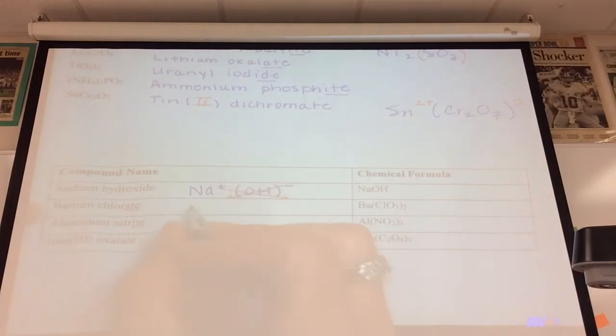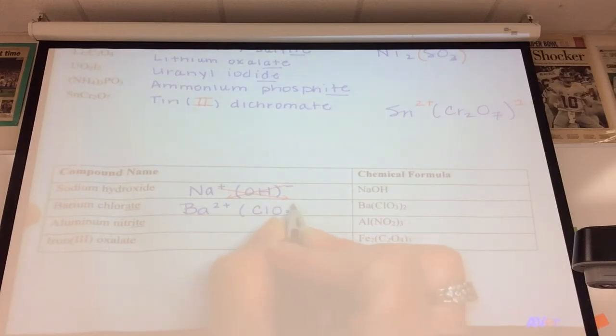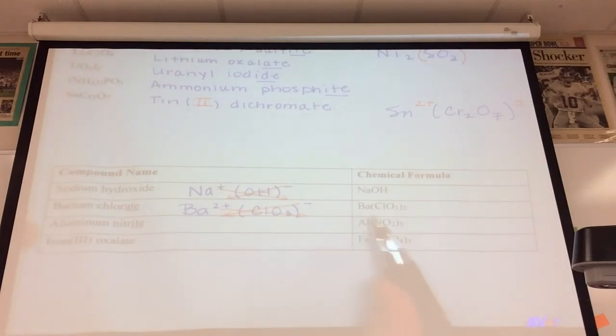Barium chlorate. Barium, group 2, what's its charge? 2 plus. Chlorate, ClO3, 1 minus. The 2 goes here, the 1 goes here, and you have barium chlorate.